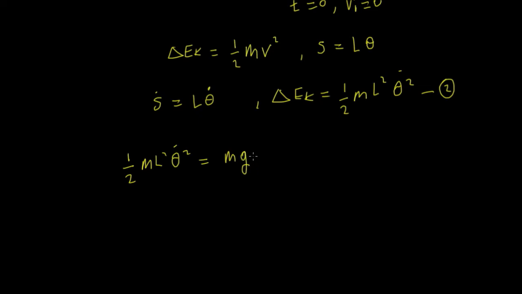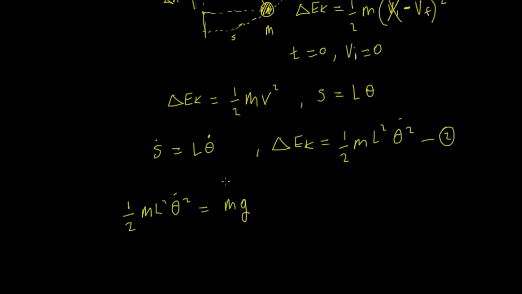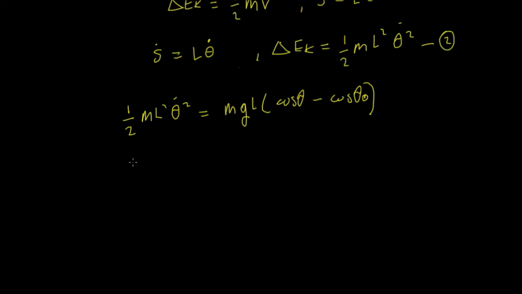Now take the common factor of L out of this, so you'll have L and you're just left with cos of theta minus cos of theta naught. Now we're interested in this in terms of theta dot squared, which is our angular velocity, so we'll write theta dot squared as d theta by dt.